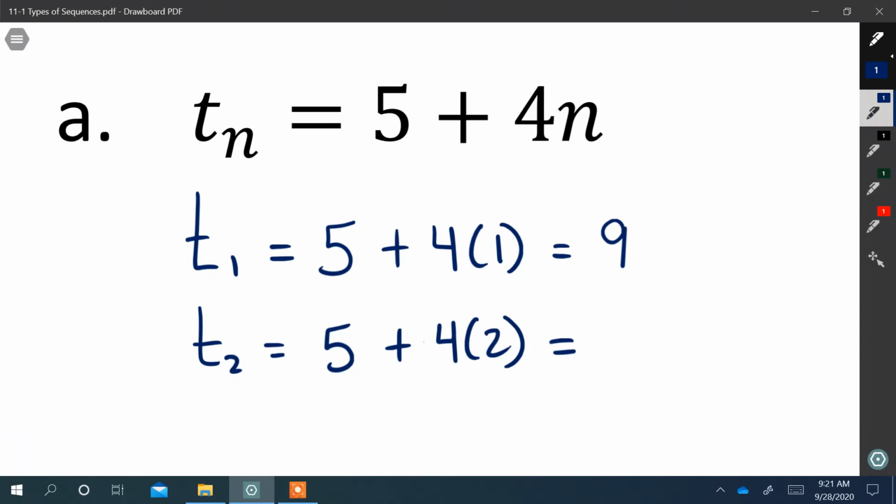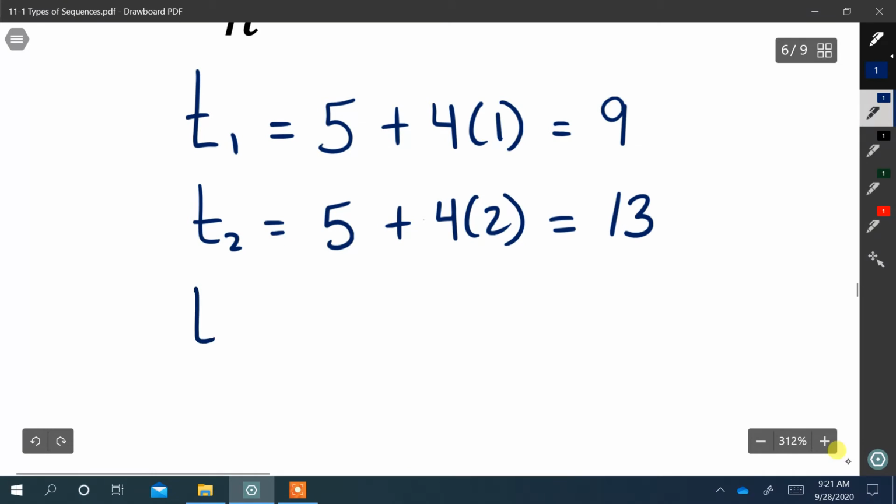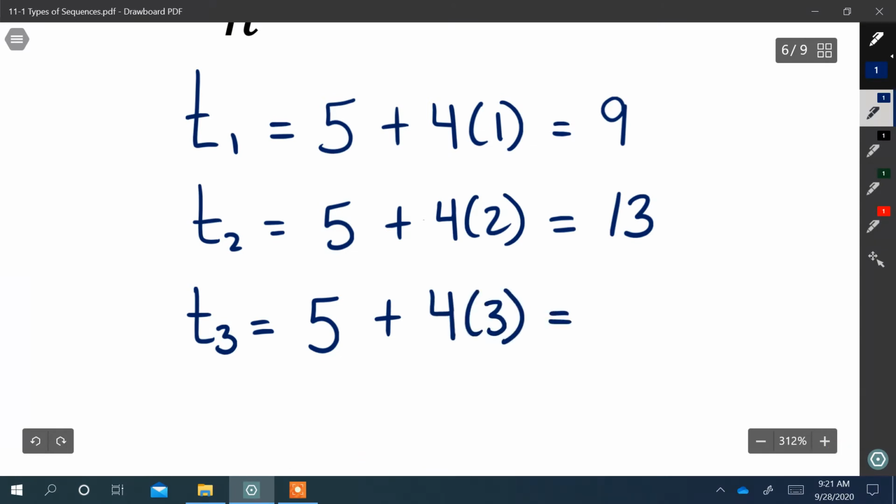Okay. And then plus 5 is going to be 13. How about the next one? T of 3. Well, 5 plus 4 times 3. 4 times 3 is 12 plus 5. It's going to be 19.